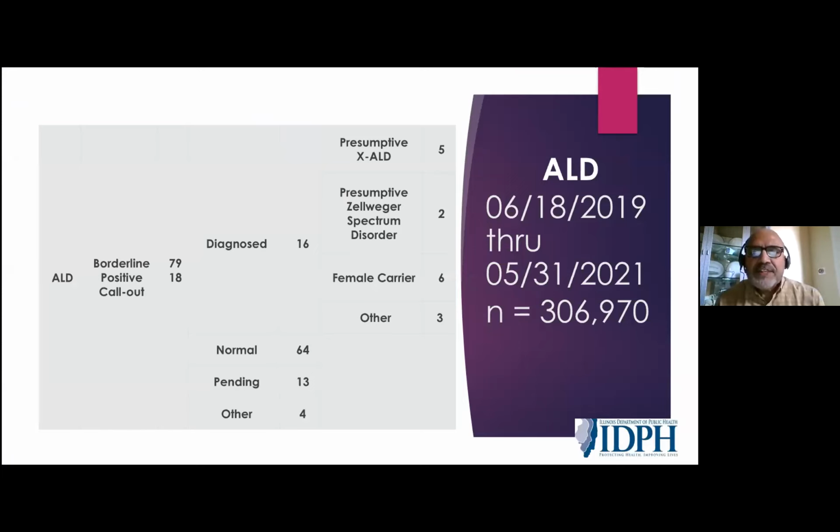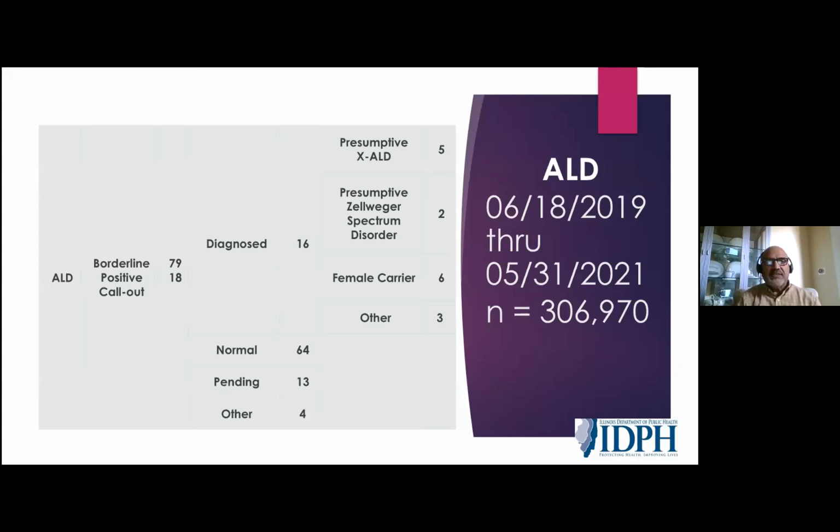Thank you. With respect to ALD, so far we analyzed about 307,000 specimens, and out of them, 79 were called borderline and 18 were called positive. Our positive cutoff is greater than 0.28 micromoles, whereas our borderline cutoff starts from greater than 0.18.